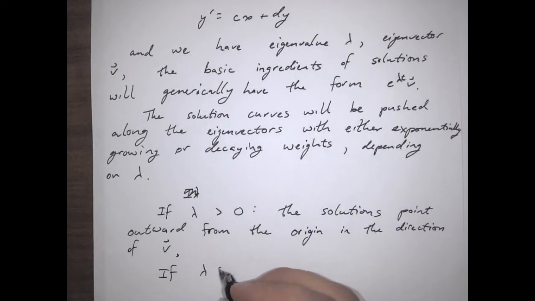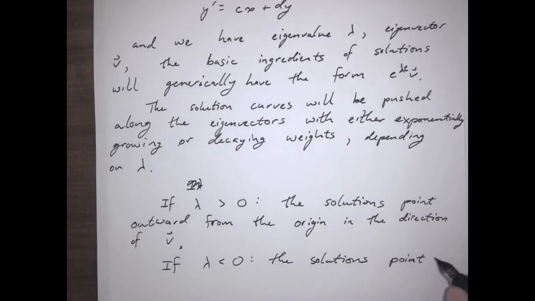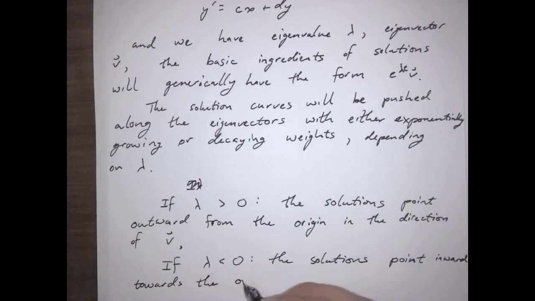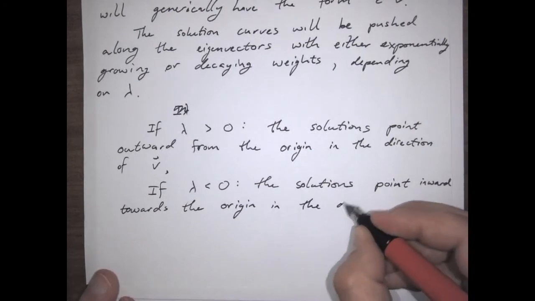If lambda is less than 0, the solutions do the opposite. They point inward towards the origin, in the direction of v.